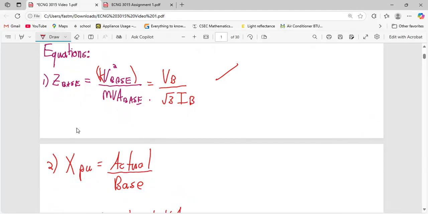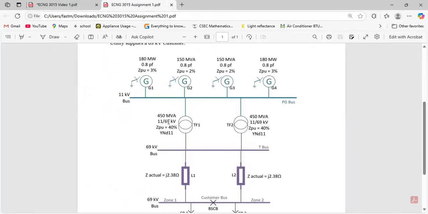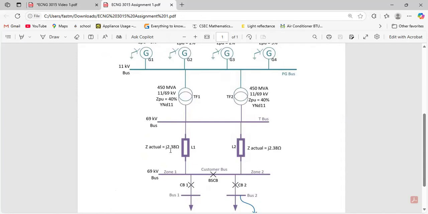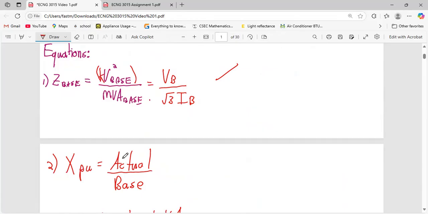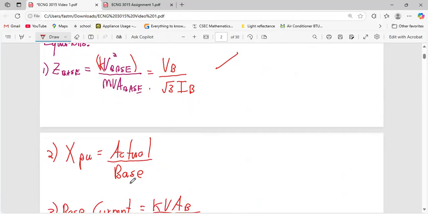And it's just the actual, as we look at here. So this is our actual impedance. These are per unit impedance. So if I wanted to calculate the actual and convert it to per unit, I'll have to use this one. I'll have to divide the actual by the base.